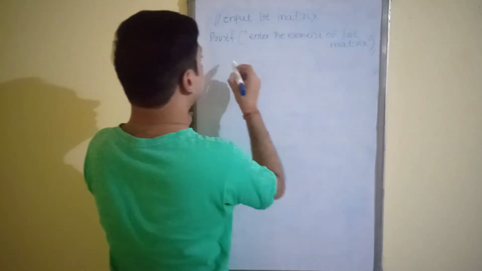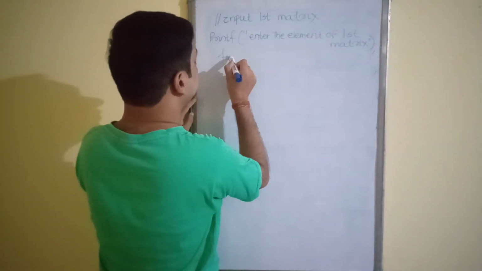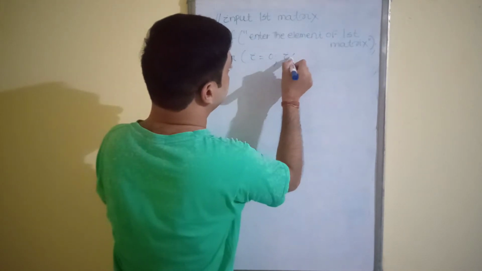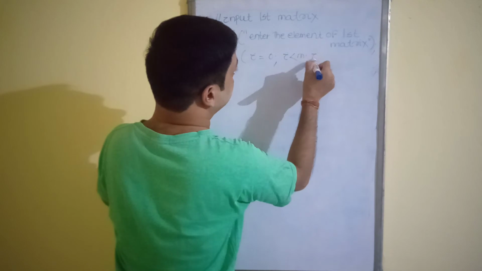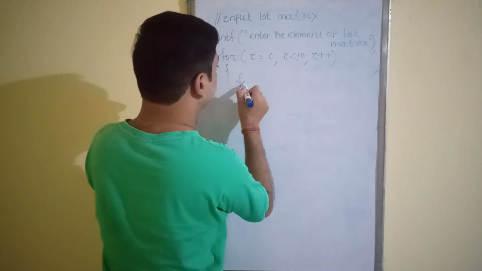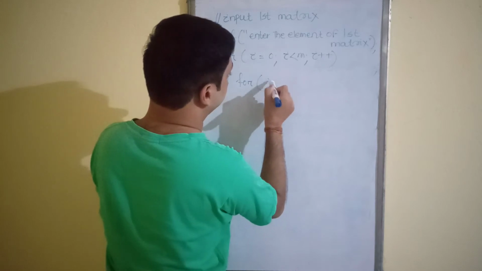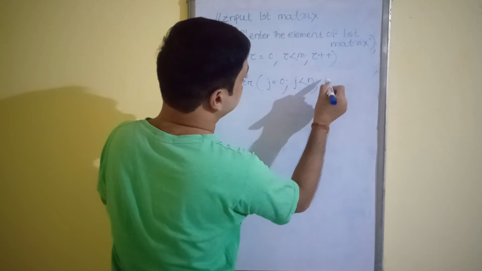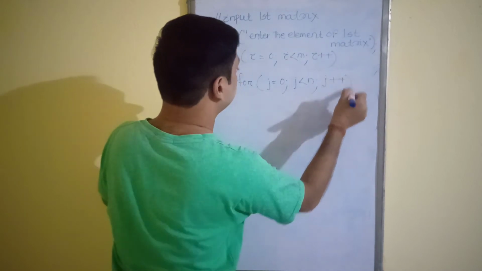Okay. So as usual we will use two for loops. First one is for rows, that is i equals to 0, i less than m, then i plus plus. Second one is for columns, j equals to 0, j less than n, then j plus plus.